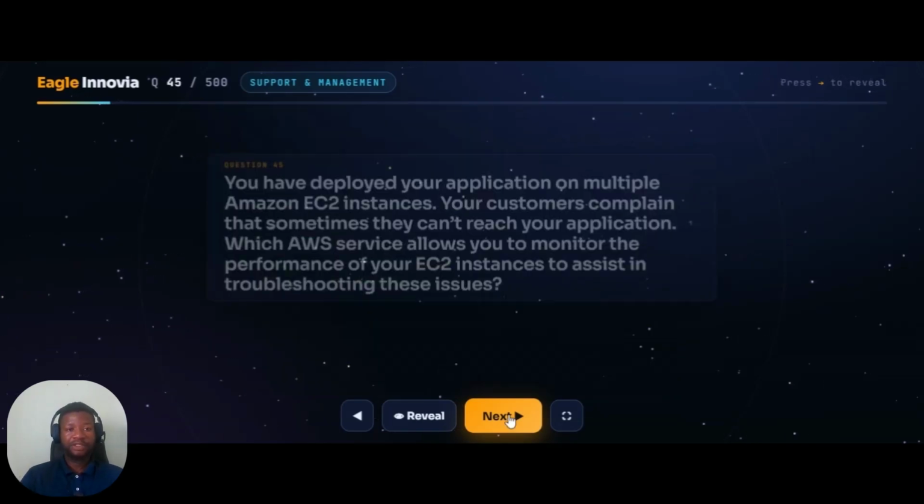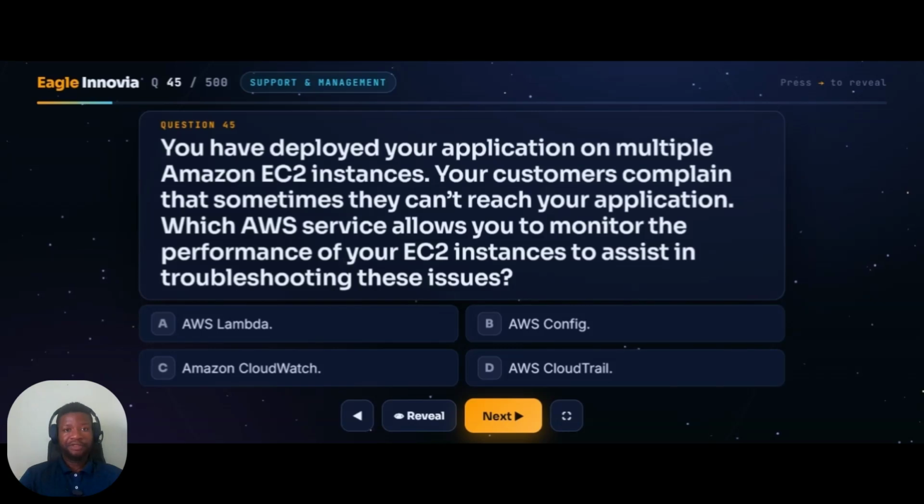Question number 45. You have deployed your application on multiple Amazon EC2 instances. Customers complain that they can't reach your application. Which AWS service allows you to monitor the performance of EC2 instances in order to assist in troubleshooting these issues?